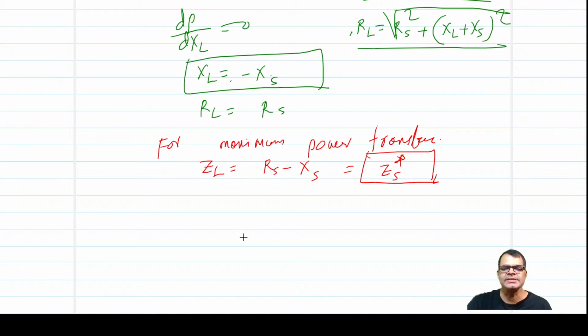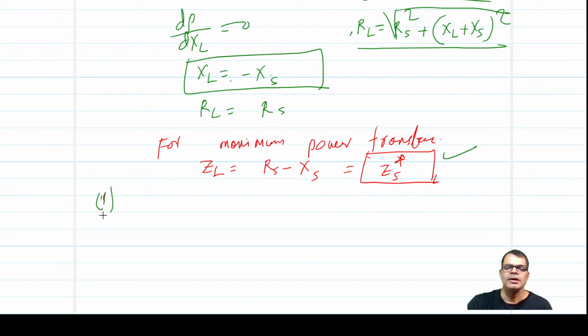This is case 1, when you have the freedom to vary both XL and RL, then this is the case for the maximum power transfer.